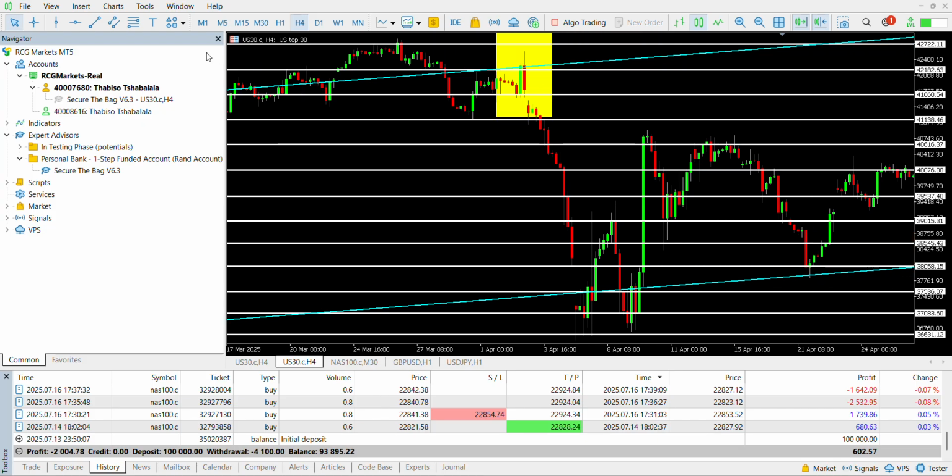Then for the buys, we're looking for the same thing, but you'll notice that at this area we closed outside of it, we didn't close within it. When we came back into the trend line, we closed at this part over here, which was above the white line, which is then a support, and we closed above it with the red candle, green candle, push up, as well as closing above the blue bottom of the trend line.